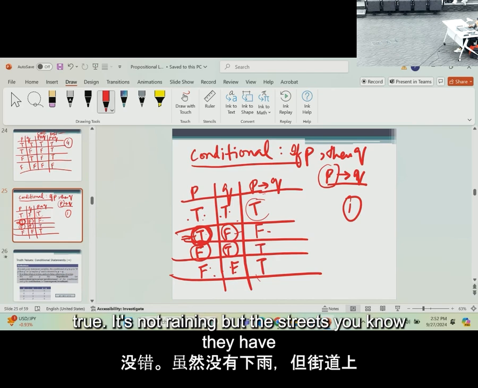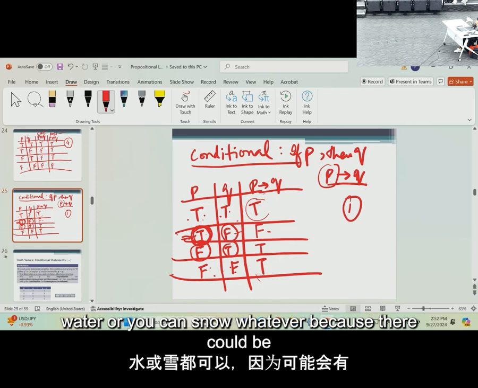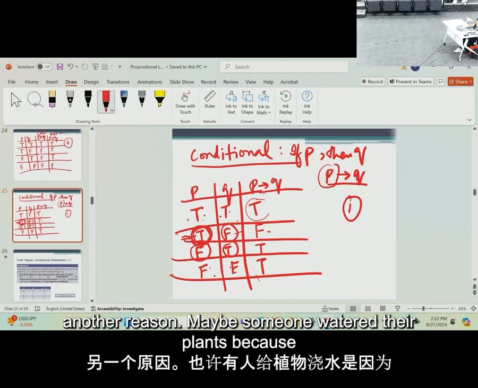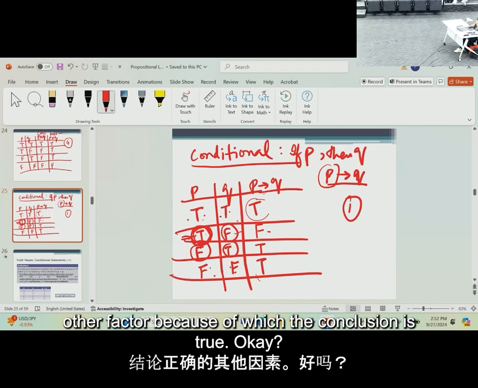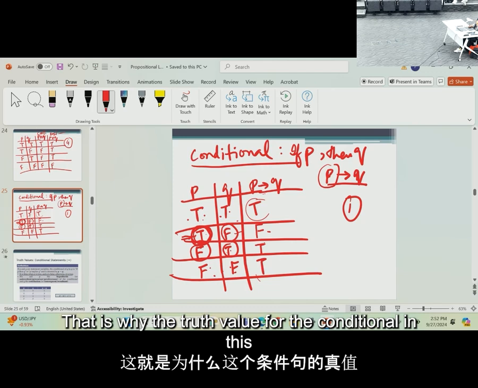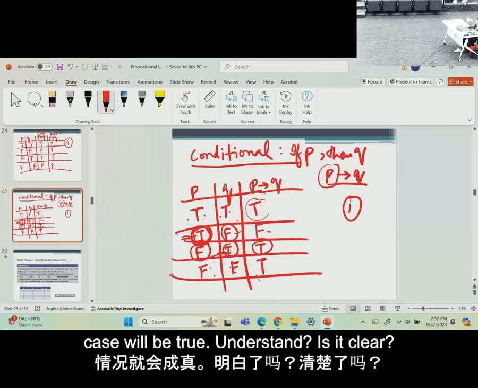It's not raining, but the streets have water, or it could be snow, because there could be another reason. Maybe someone watered their plants, because of that the streets are wet, okay? So there could be any other factor because of which the conclusion is true. That is why the truth value for the conditional in this case will be true. Understand? Is it clear?